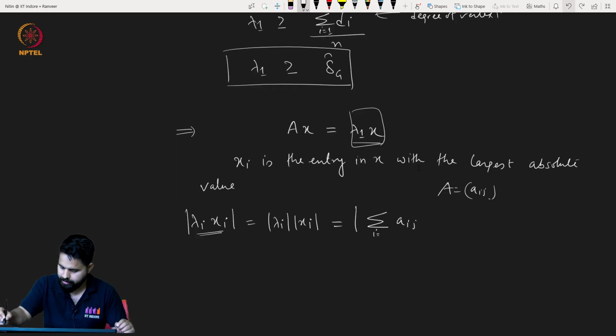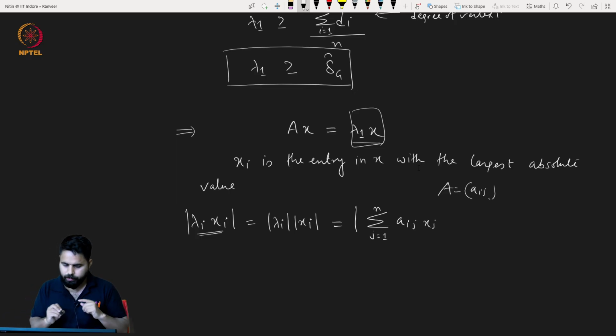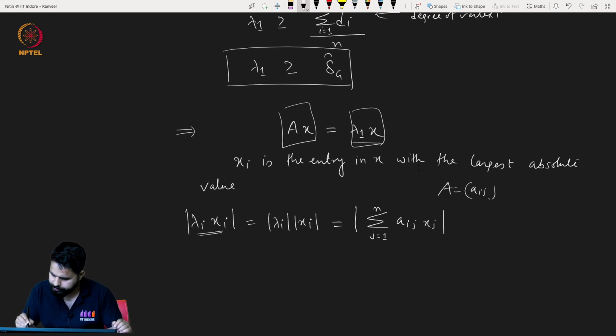This is nothing but the matrix product of the ith row with this vector, so ij and you are taking xj. Okay, very good, and the mod of this.